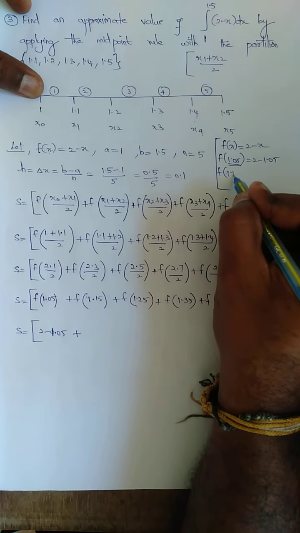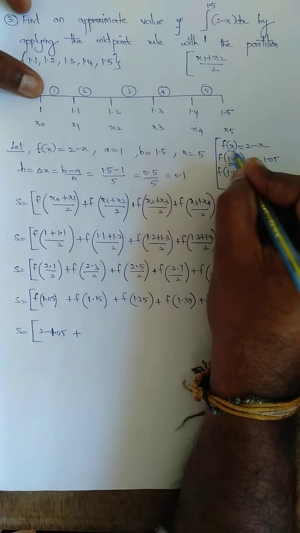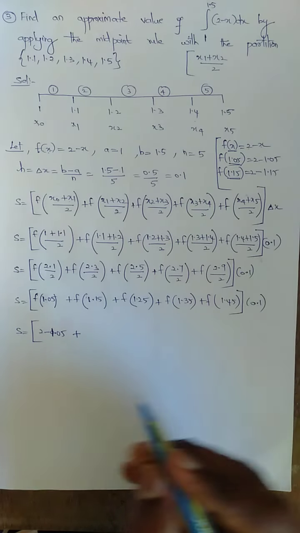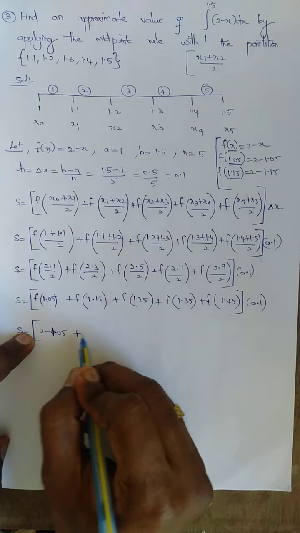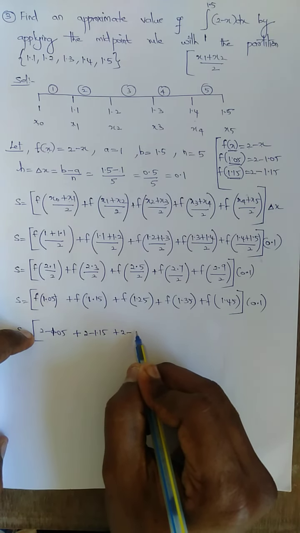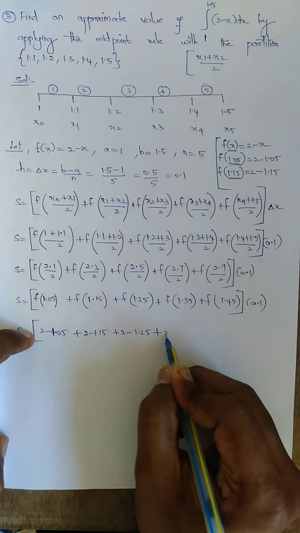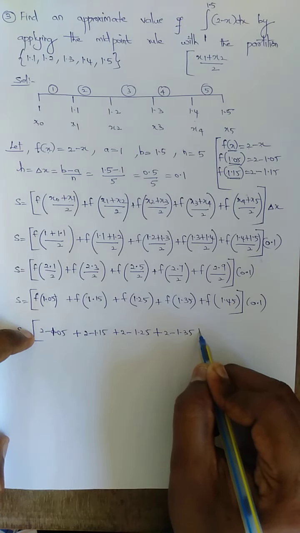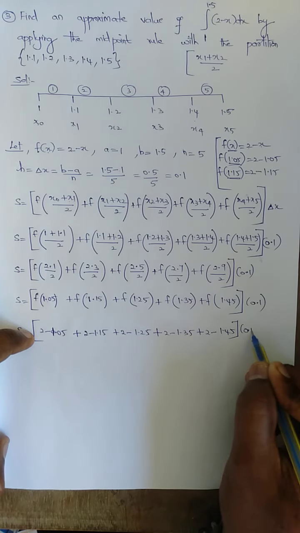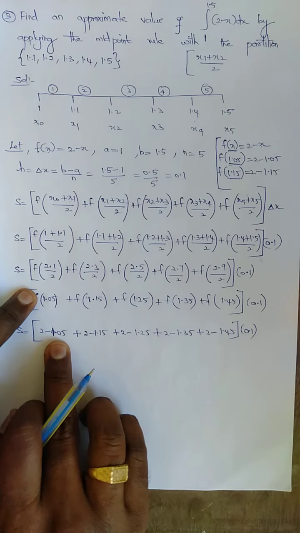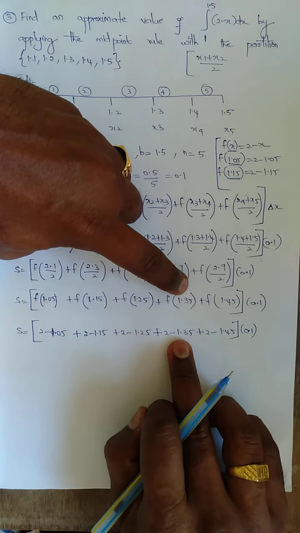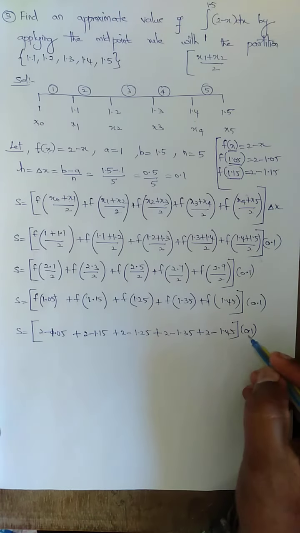If I apply 1.15 in place of x, 2 is written as it is, minus 1.15. So S equals (2 minus 1.05) plus (2 minus 1.15) plus (2 minus 1.25) plus (2 minus 1.35) plus (2 minus 1.45), into 0.1.